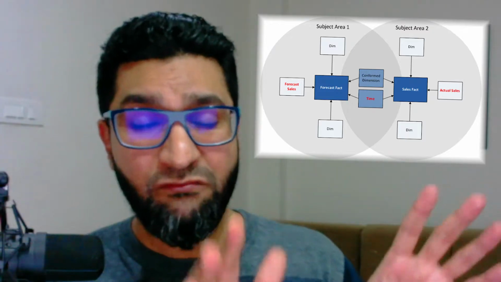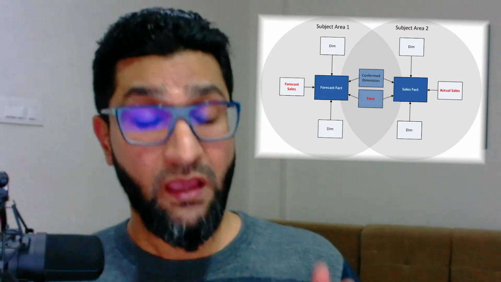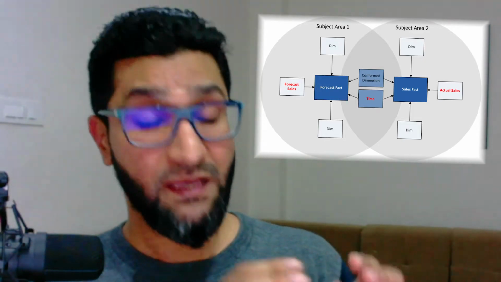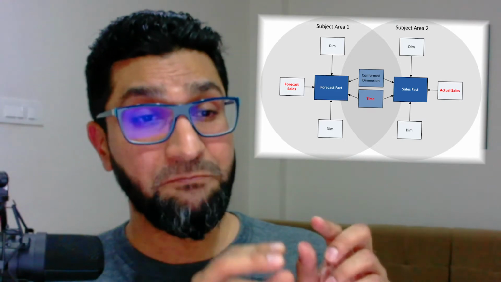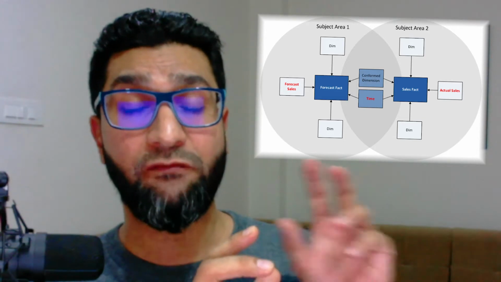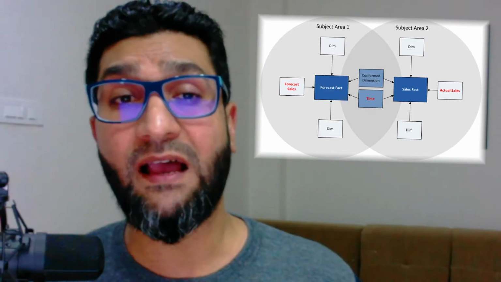But organization wide, if you wanted to see the whole holistic view of your organization data across the different lines of businesses, then you need to have a conformed dimension that bridges between these two fact tables of your marketing and sales. So that dimension basically is called a conformed dimension.